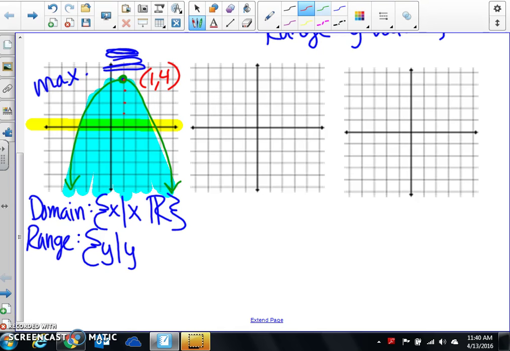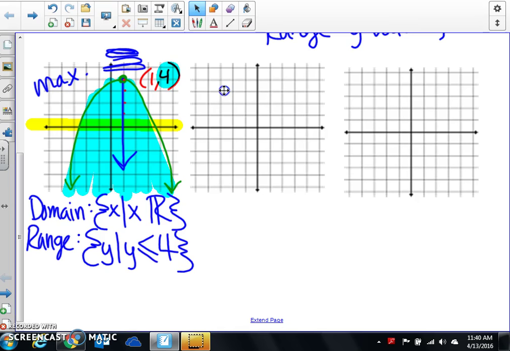So this is the range. I want to take the y value, which is 4, and put it down here. Now I have to determine if my y values are going to get less than 4 or greater than 4. As you look, they are going down in value. Therefore, they are becoming less. So you would say y for all y less than or equal to 4.